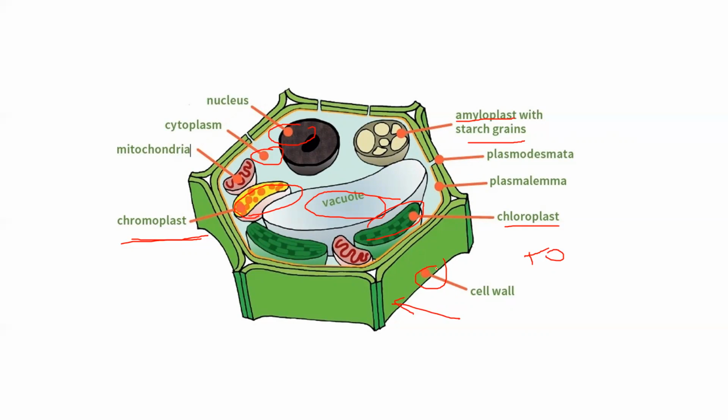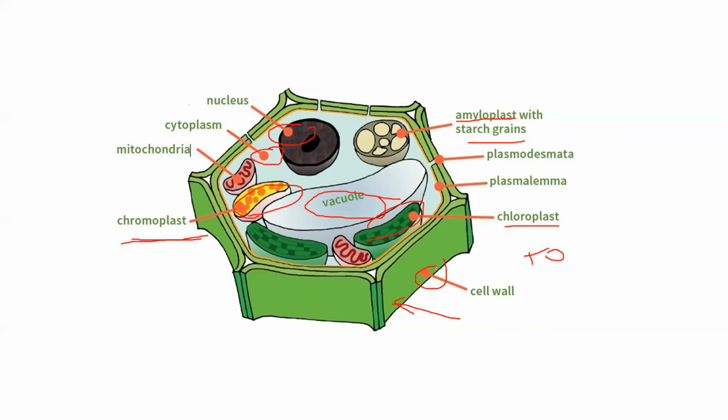Okay, so the cellulosic nature contributes rigidity to the parenchyma cells, and therefore it confines the outer protoplasmic membrane.